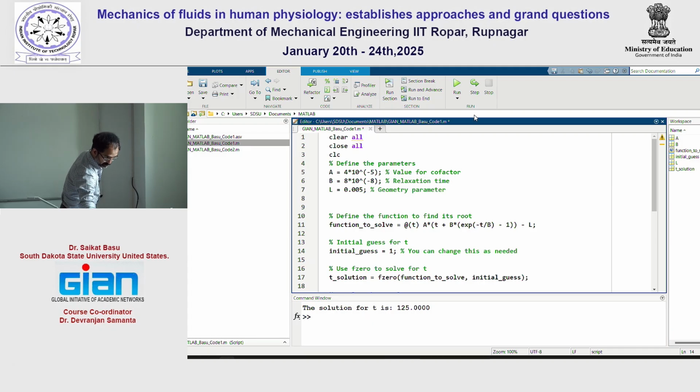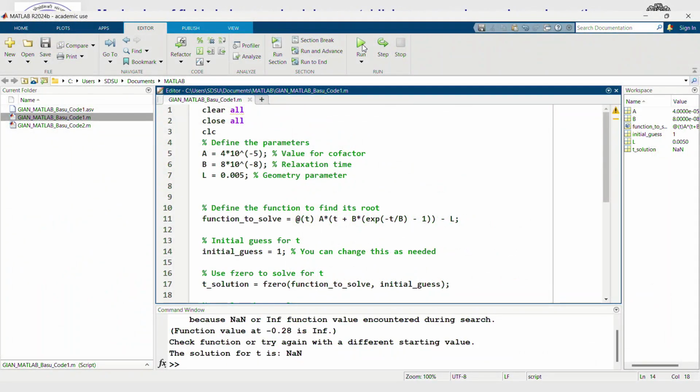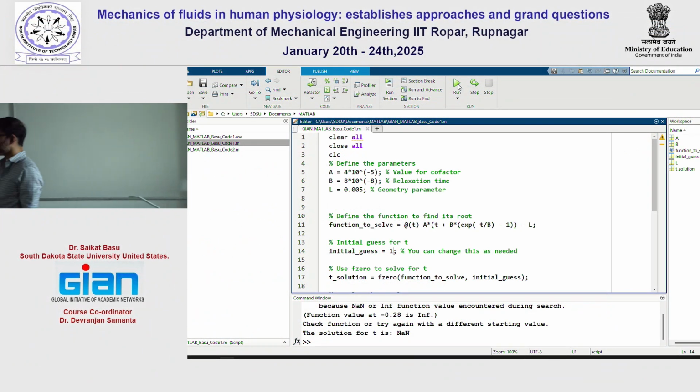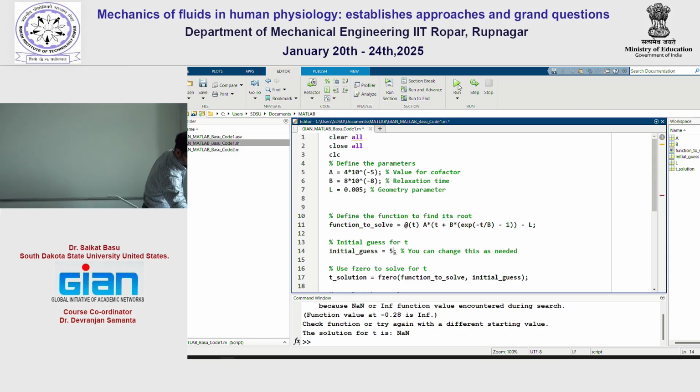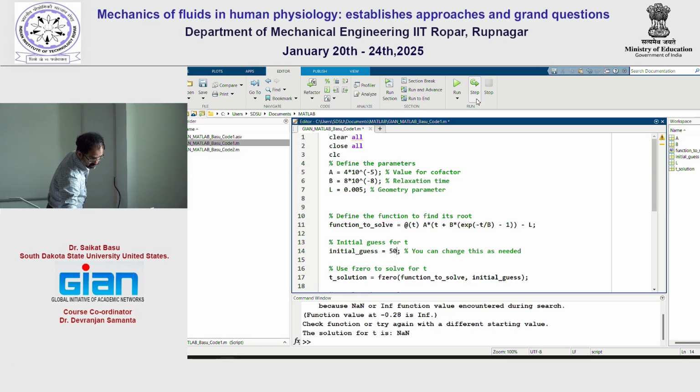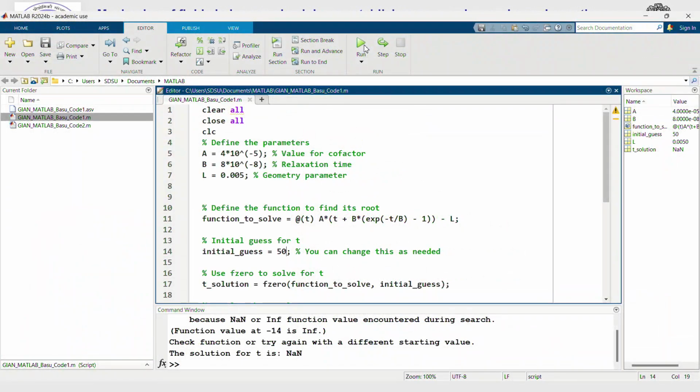Let's make it 1. The solution doesn't converge, which is understandable because the solution cannot be anywhere close to that small value for the initial guess. On the other hand, if we change it slightly higher, so let's make it 50, does it work then? It still doesn't.